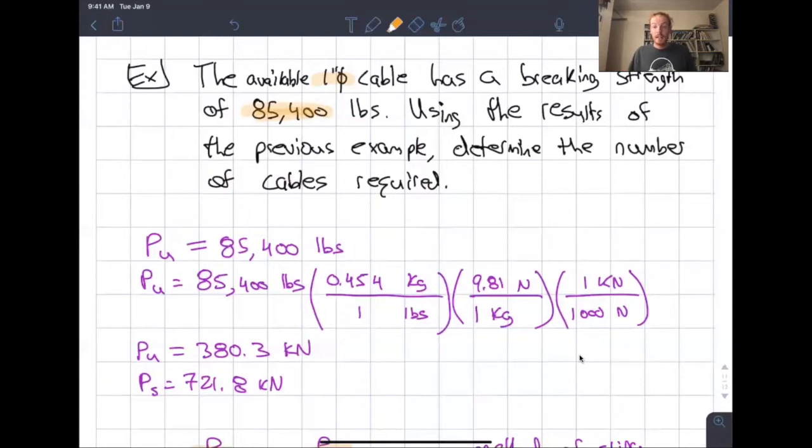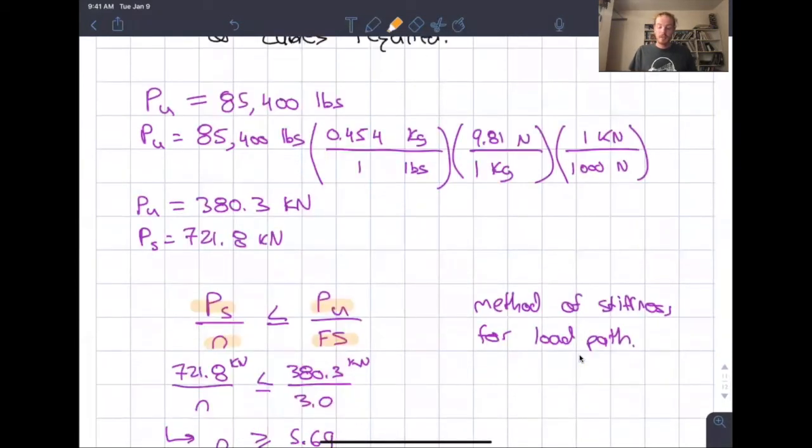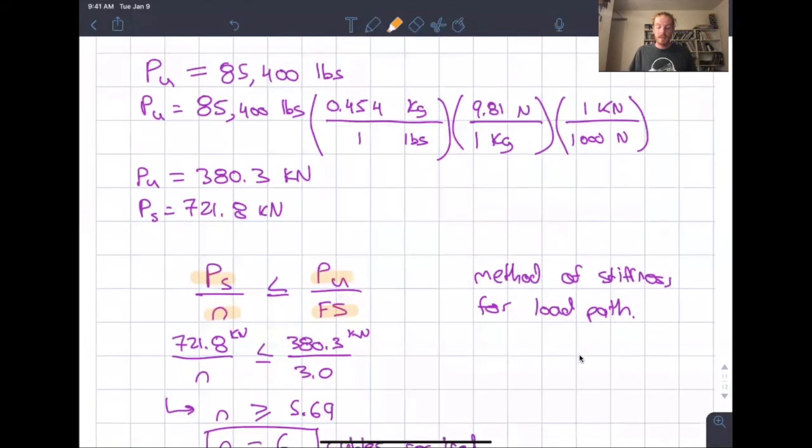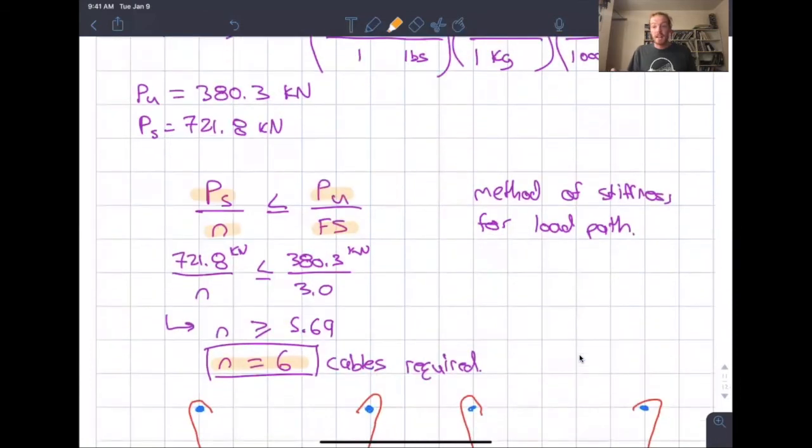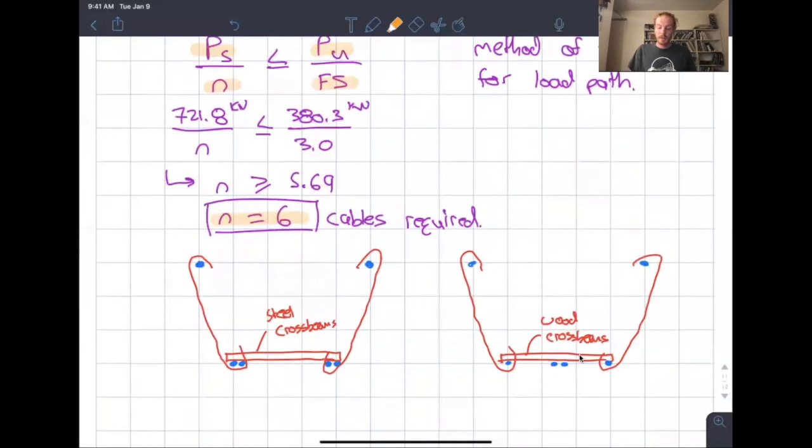So if we had larger diameter cables with higher breaking strengths, we'd be able to increase our ultimate strength, and that would then decrease the number of cables required. And we might be able to get down to, say, 5, maybe even 4 cables. We can't go lower than 4, though, right? Because we need 1 in each corner for our deck to sit on.